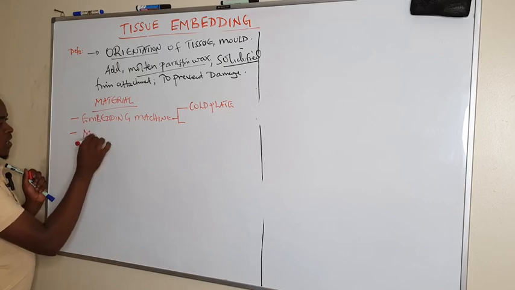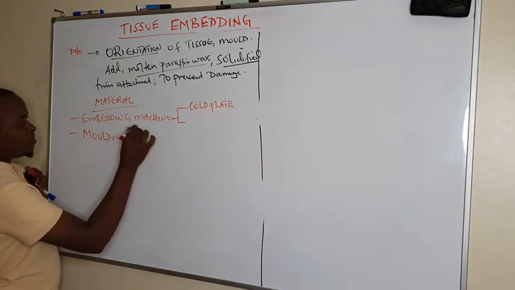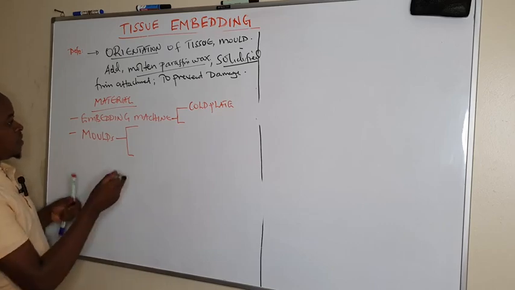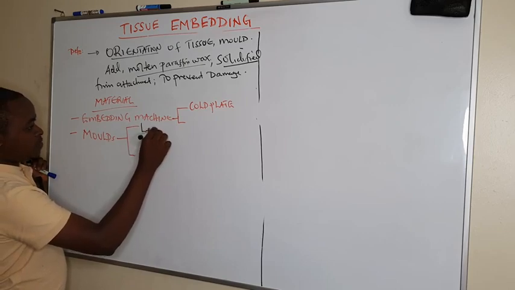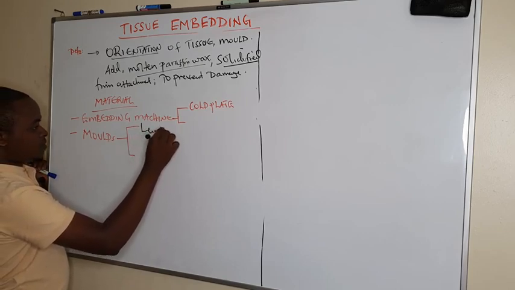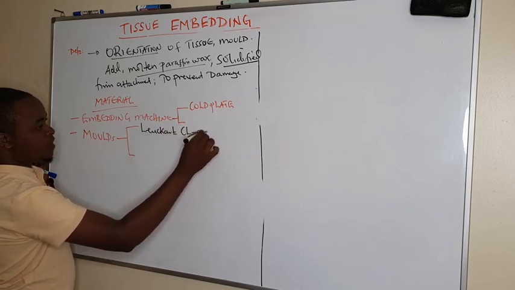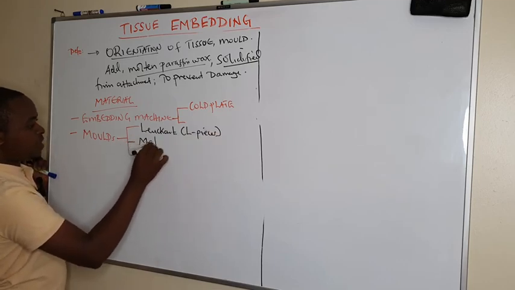Another material we shall require is the molds. There are different types of mold. We have leuckart as one of the molds, sometimes known as L-pieces, which is no longer used. It has been replaced by the metallic tray.